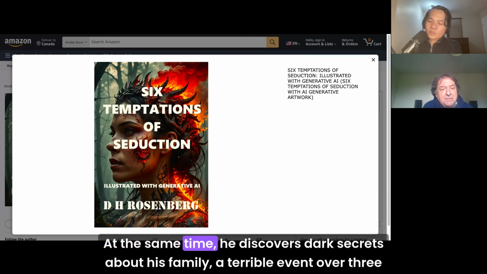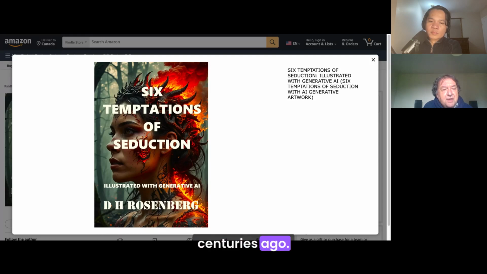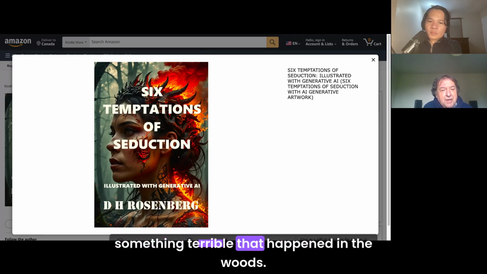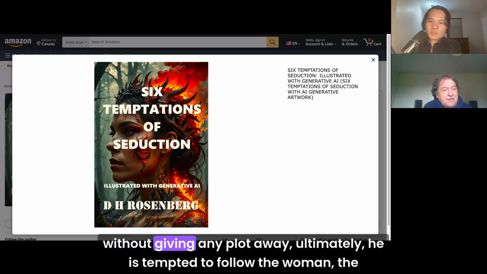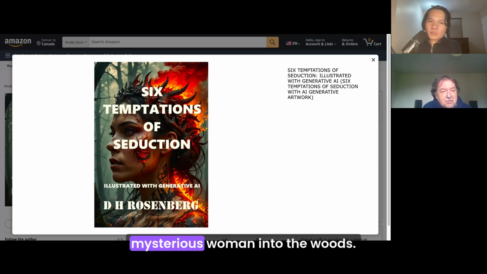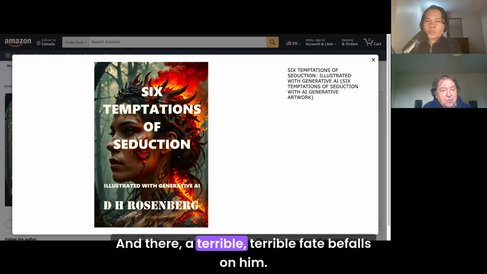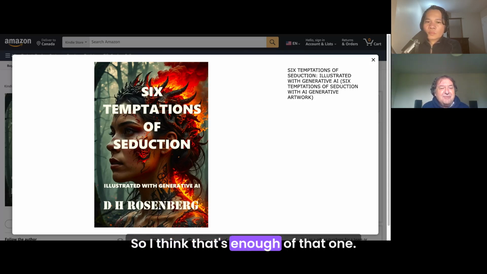At the same time, he discovers dark secrets about his family, a terrible event over 3 centuries ago that happened in the woods. Without giving any plot away, ultimately he is tempted to follow the mysterious woman into the woods, and there a terrible, terrible fate befalls him. So I think that's enough of that one.